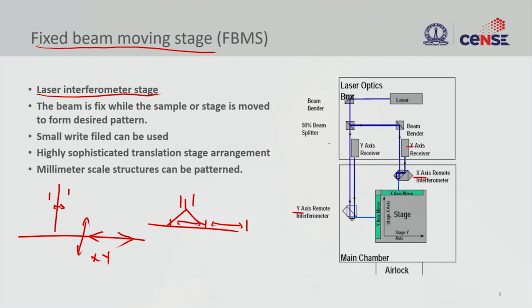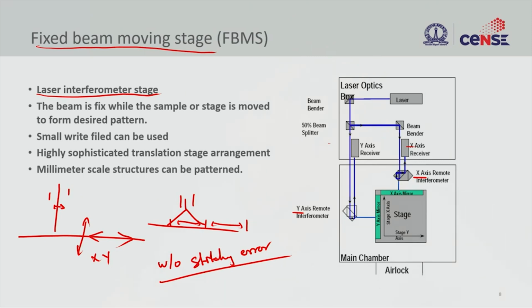By doing this, we are able to write millimeter scale structures with very high resolution without any stitching error at all, right. So this has allowed large area patterning without stitching error. That is very important. So you can write very large features, millimeter size features, because you are not deflecting.